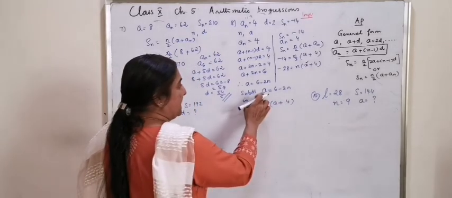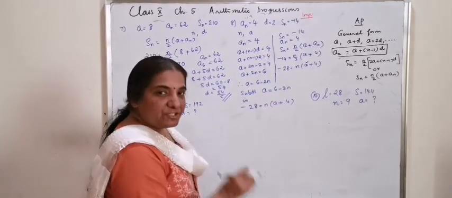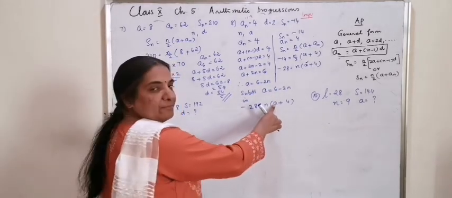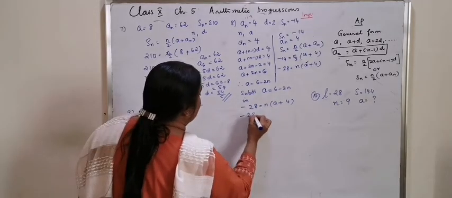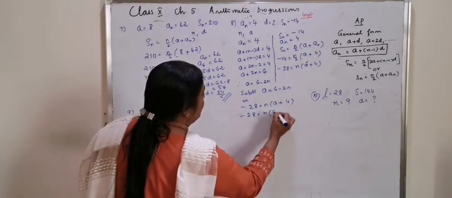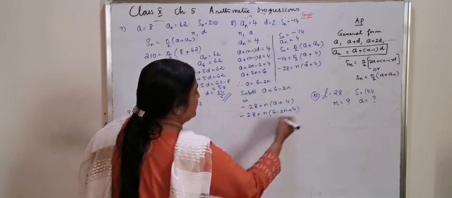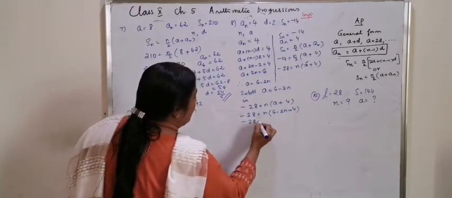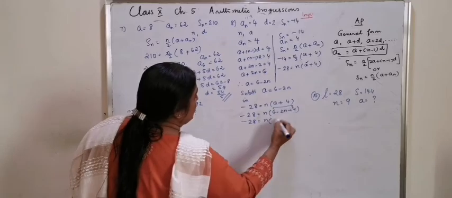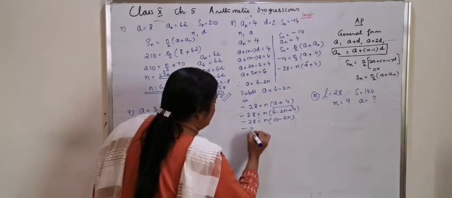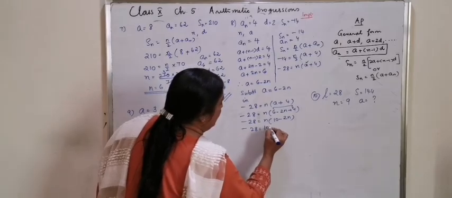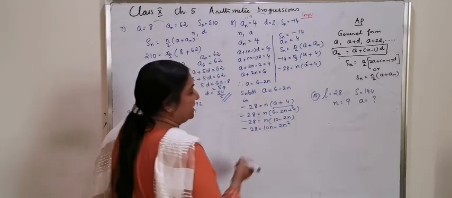You are going to replace a with 6 minus 2n, which shows that in this equation there will be only the unknown quantity of n. So minus 28 is equal to n into 6 minus 2n plus 4. Minus 28 is equal to n into 10 minus 2n. Minus 28 is equal to 10n minus 2n square.